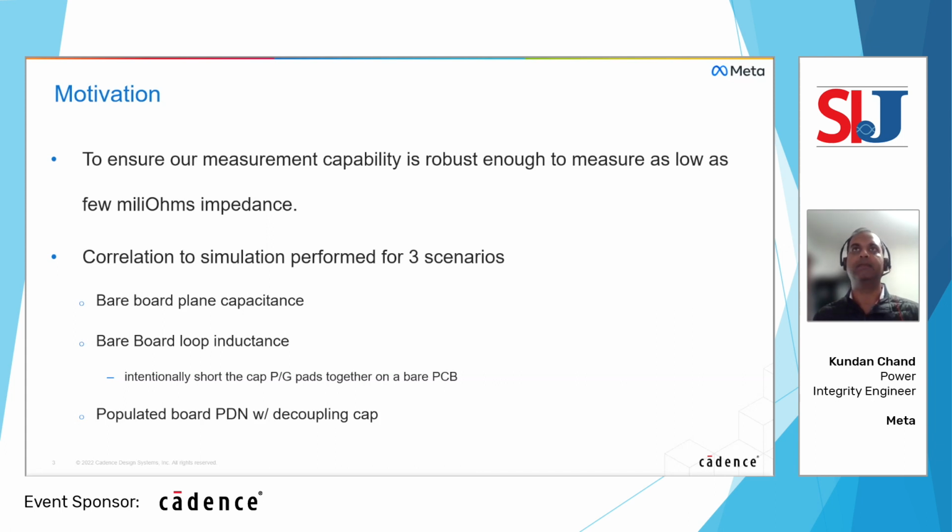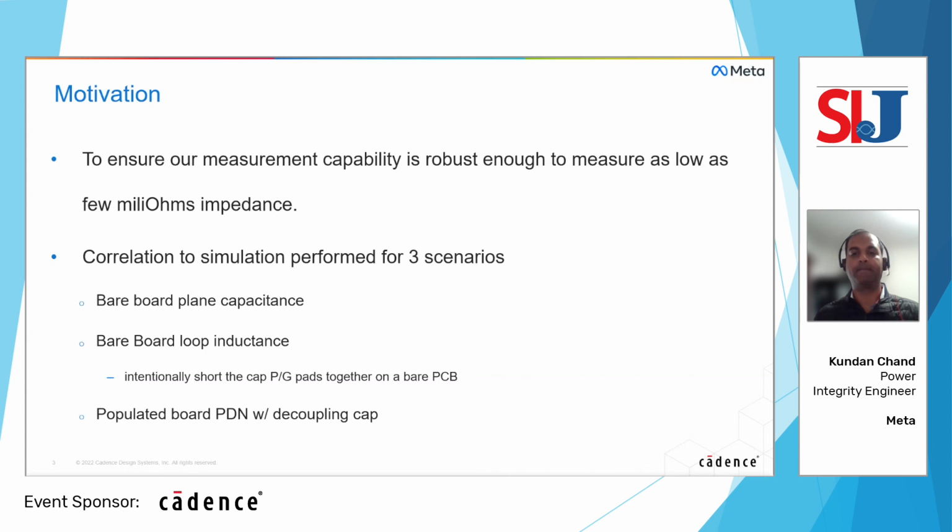We had the high frequency equipments where we could do hundreds of gigahertz or tens of gigahertz measurement, but not sure about PI, power integrity robustness for the measurement, and we wanted to check that and really be able to do accurate measurements.